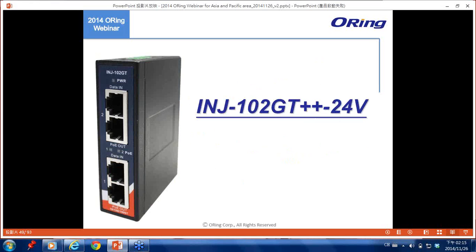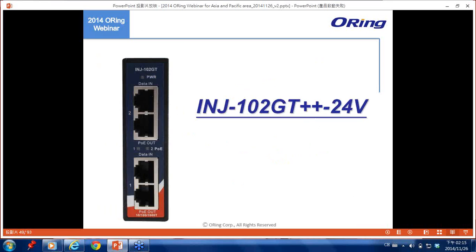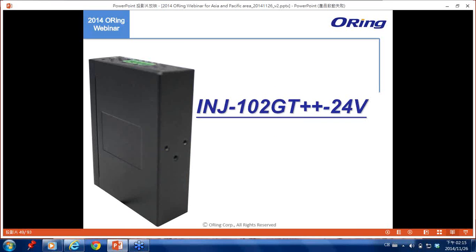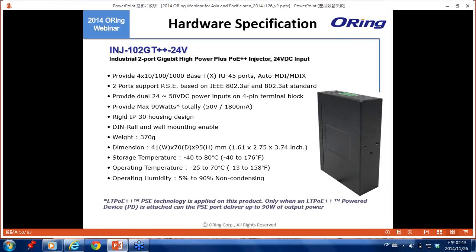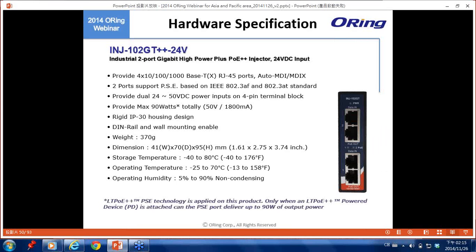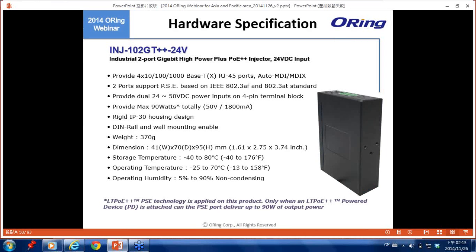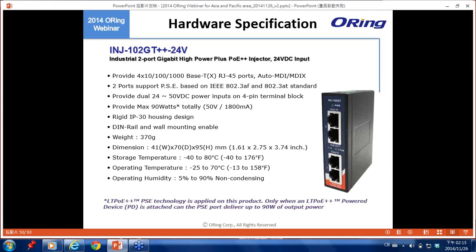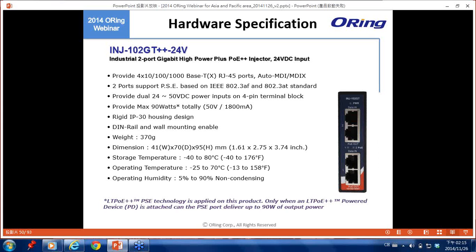INJ 102 GT++ 24 volt is an injector with a total of 4 Ethernet ports, as you can see from the picture, and two of the ports will be data in, and two of the ports will be PoE out. I will explain how this injector works later.